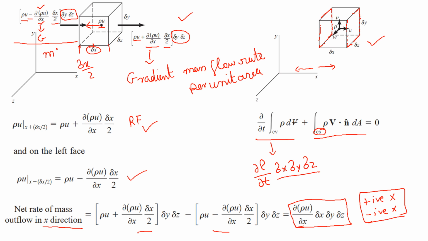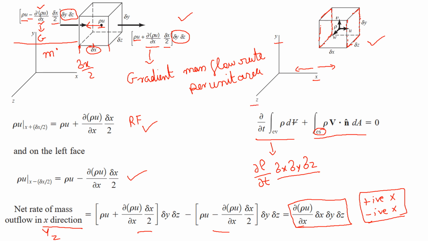Now let's find the terms that will give us the net rate of mass outflow in the y direction and in the z direction, so that we can write a generalized term for the net rate of mass outflow across these three axes, the x, y and z axes, and that will be our continuity equation.